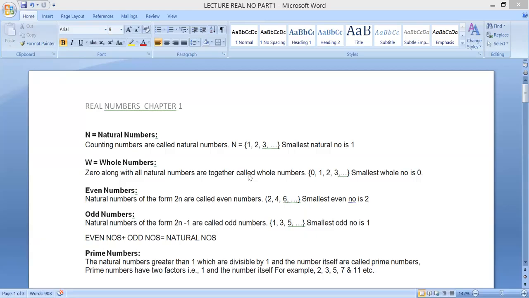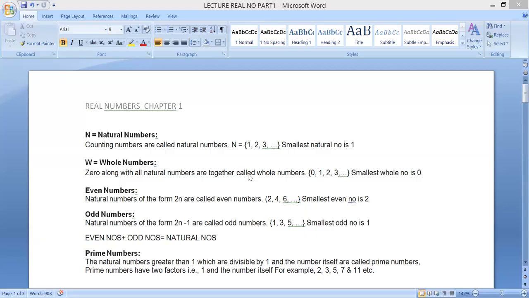After 3 comes 4, then 5, 6, 7, 8 and so on. So this type of set where the dots are there, N equal to 1, 2, 3 and so on, is an infinite set. Infinite set means the elements are not countable. So this is very important.